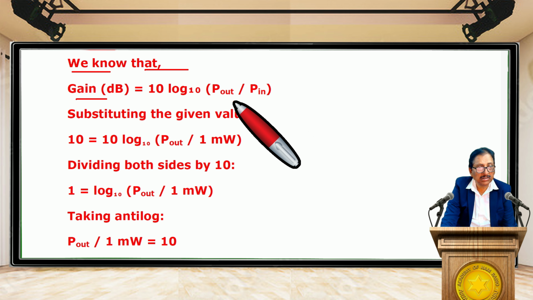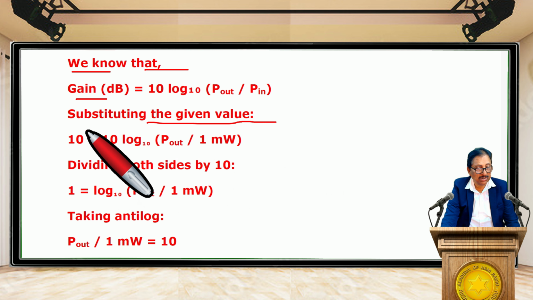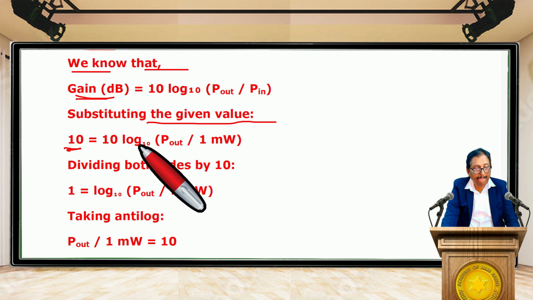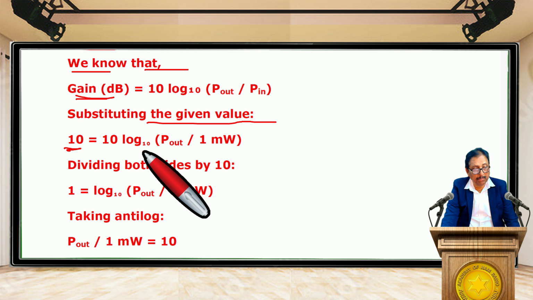Substituting the given values, gain is 10 dB. 10 is equal to 10 into log P out by P in to the base 10.